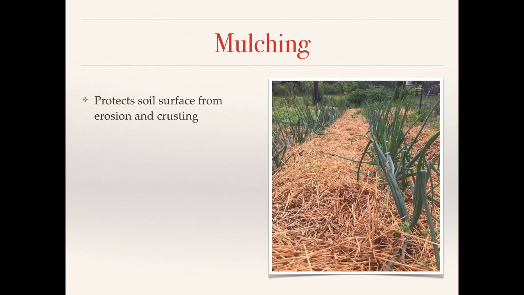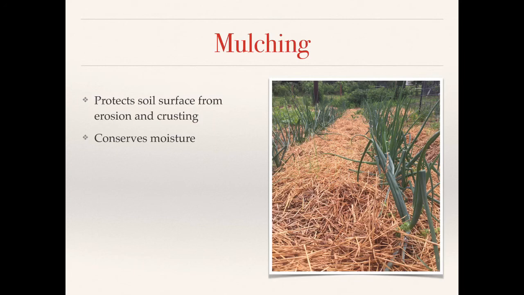By protecting the soil from erosion related to rainfall, it's also going to mitigate that crusting effect we talked about when the rainwater turbulently impacts the soil. It blends it up, and those clay particles settle to the top and give you that crusting effect. So we want to avoid that. Mulch definitely helps.